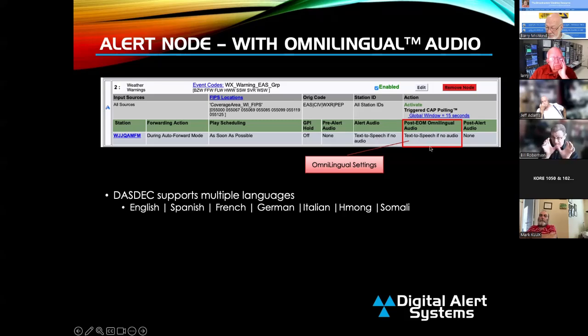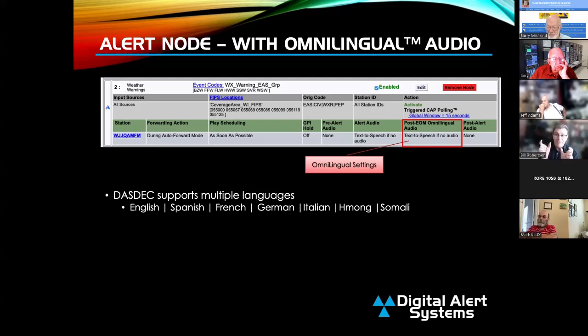So in that context, there is a way to add the omnilingual output, and that could be if my station is in English, I could put Spanish after it. Remember, it's not within the context of the envelope. It has to be after the EOM, as you see there, post EOM omnilingual. What we do is we can append the other language.